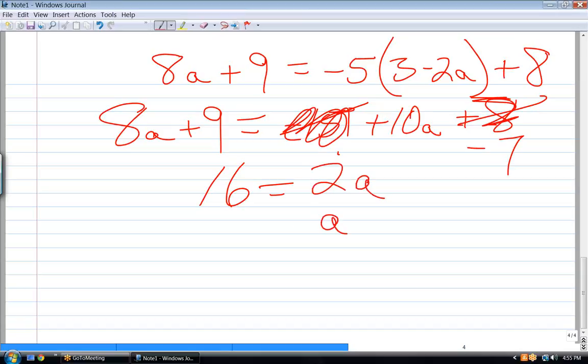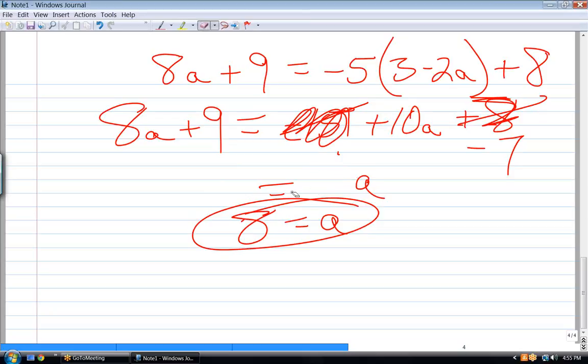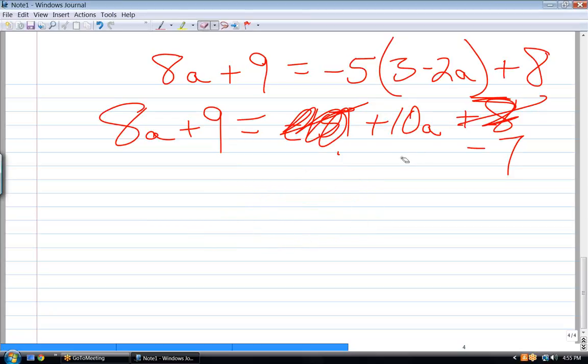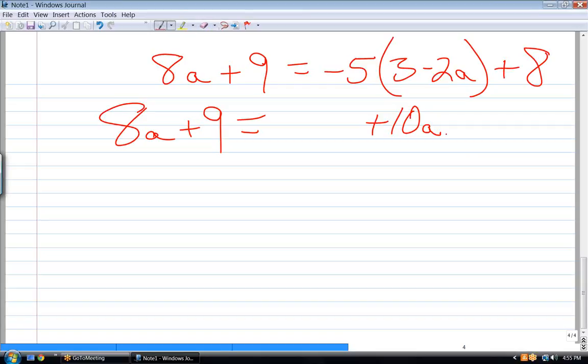And then you divide both sides by 2 and you get 8 equals a. Okay. Do you agree that it makes more sense to move the 8a to the right than the 10a to the left? It's way easier. Always try to think kind of in advance as to what's going to produce a negative number, and let's avoid that.